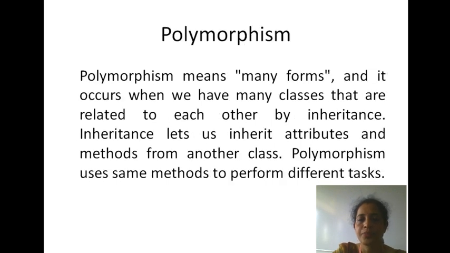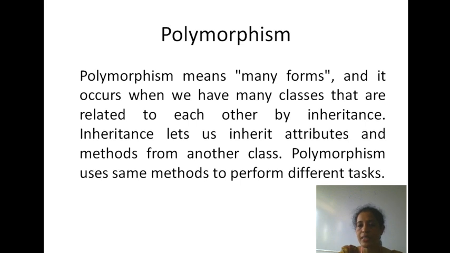So another feature of object-oriented programming is polymorphism. Polymorphism means when we have to use the same property or the same method for more than one purpose, then it is considered as polymorphism.